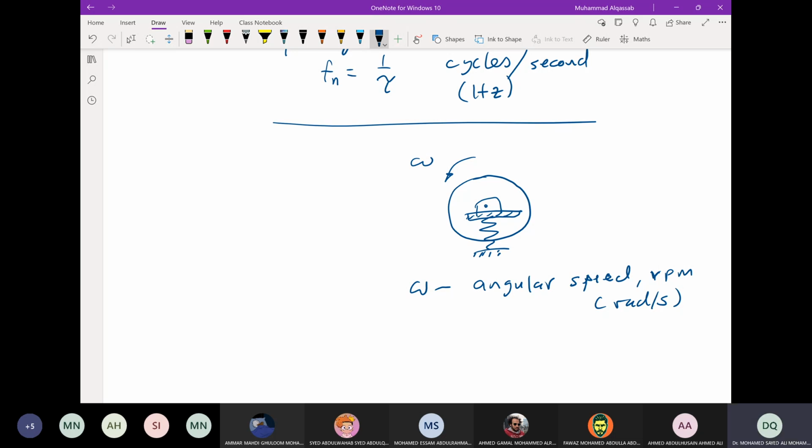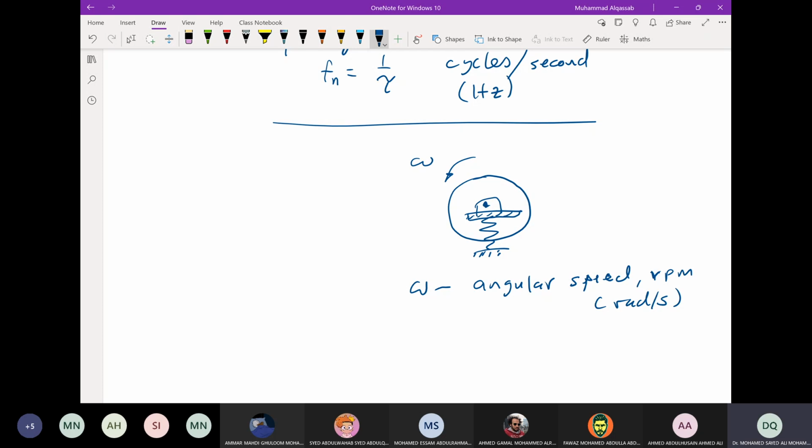But when the disk has a heavy spot, it means that the center of gravity is not the same as the center of geometry. There is the center of gravity, which is the location of the weight, and there is the center of geometry.